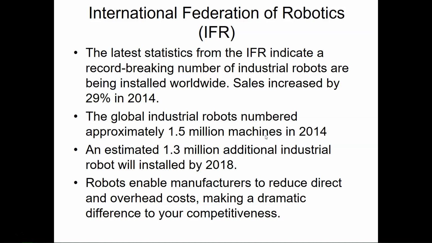Okay, so an estimated 1.3 million additional industrial robots installed by 2018. I think we've probably passed that by quite a bit, but you never know. Robots enable manufacturers to reduce direct and overhead costs, making dramatic differences to competitiveness.